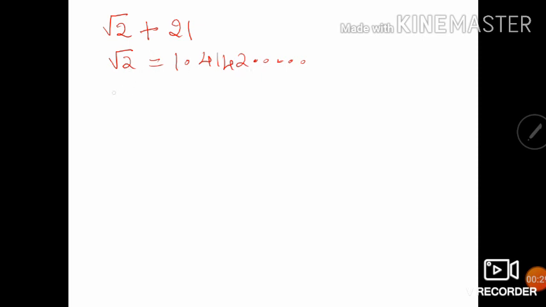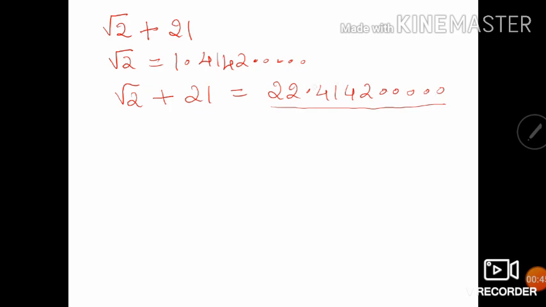Then on adding this irrational number value root 2 plus 21, we get 22.4142 ... which means this number is still non-terminating, non-recurring. So this addition of an irrational and a rational number is irrational.